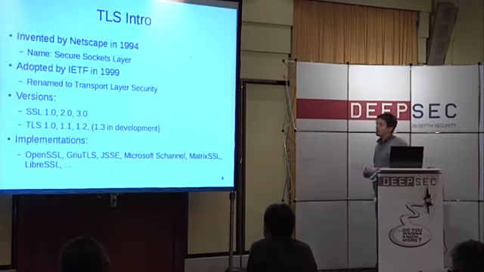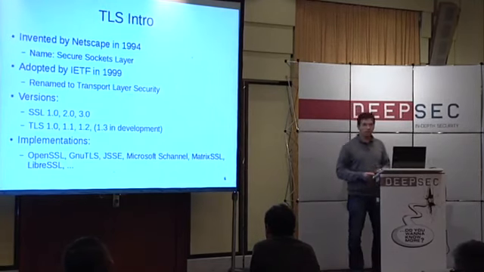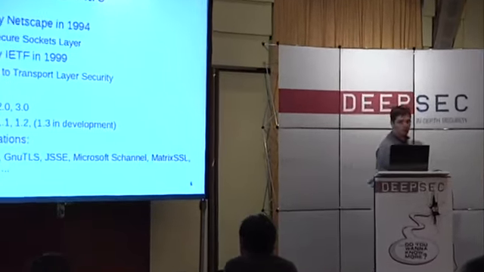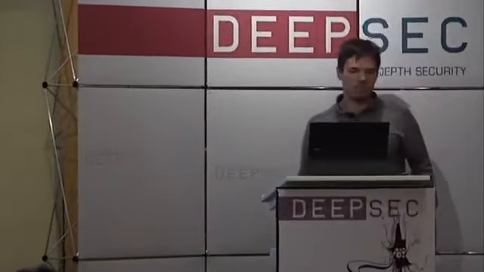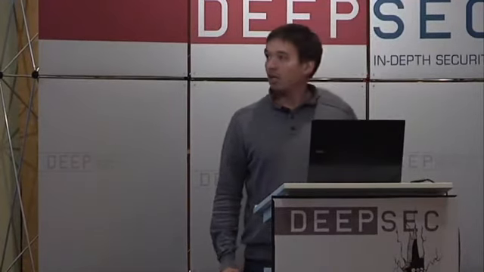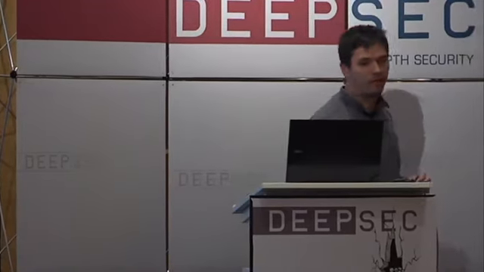A TLS intro we had in the morning, and now I will just summarize that TLS was invented about 20 years ago by Netscape. At the time it was called Secure Sockets Layer, and in 1999 it was renamed to Transport Layer Security.